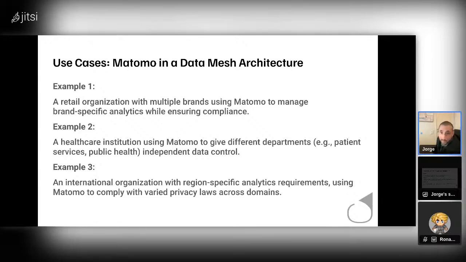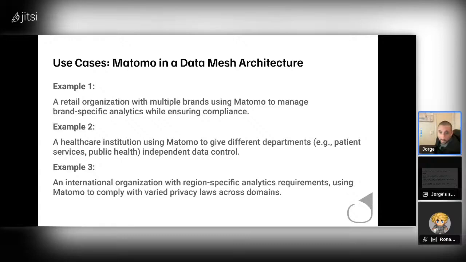For instance, patient services can focus on engagement metrics, while public health monitors broader population trends. By decentralizing control, each department has the flexibility to handle data relevant to its needs, while Matomo's robust privacy controls ensure compliance with healthcare regulations, like HIPAA in the US, for example.